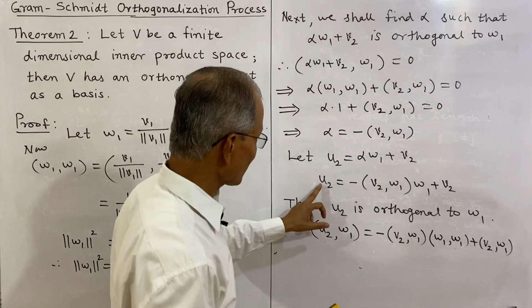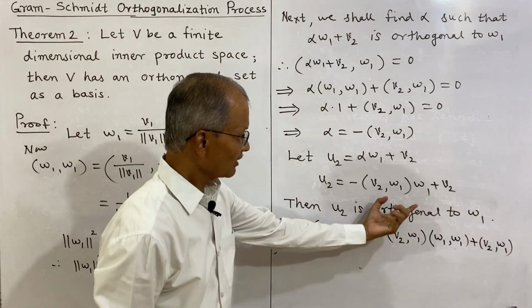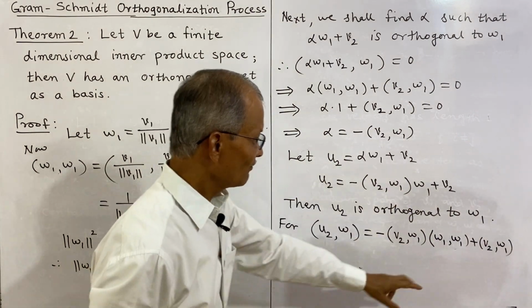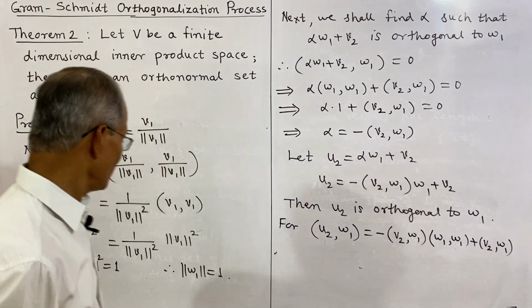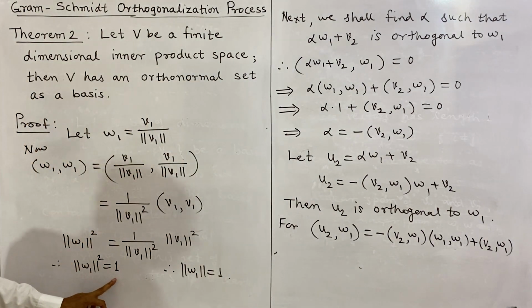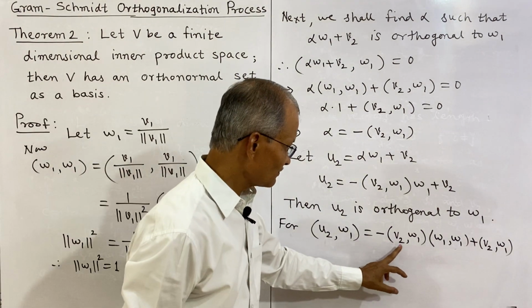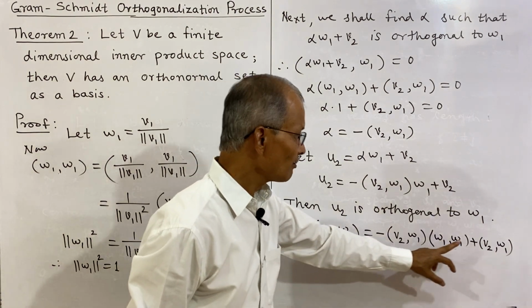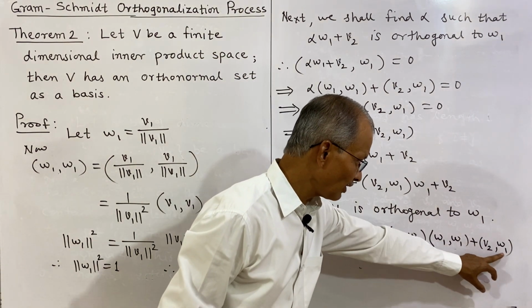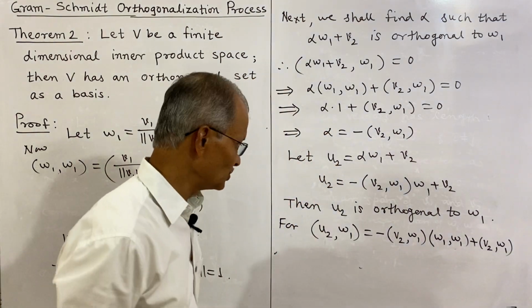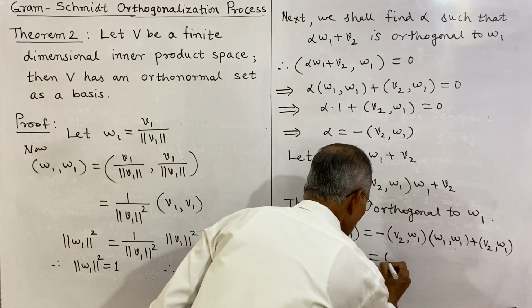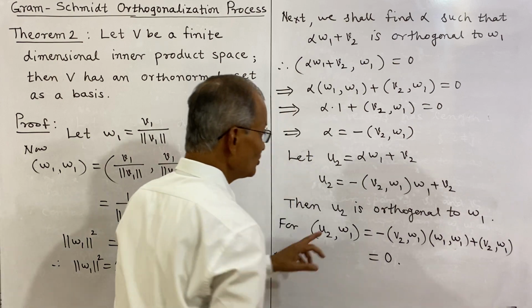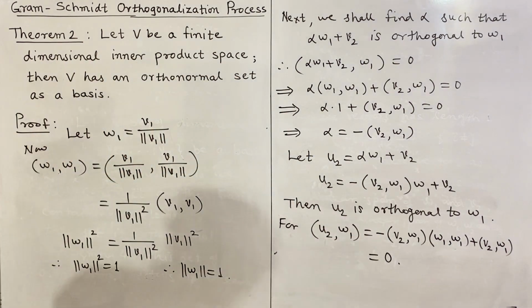Taking the inner product with W1, the inner product of W1 with W1 is 1. So this is minus the inner product of V2 and W1 plus the inner product of V2 and W1, and therefore it becomes 0. Thus U2 is orthogonal to W1.